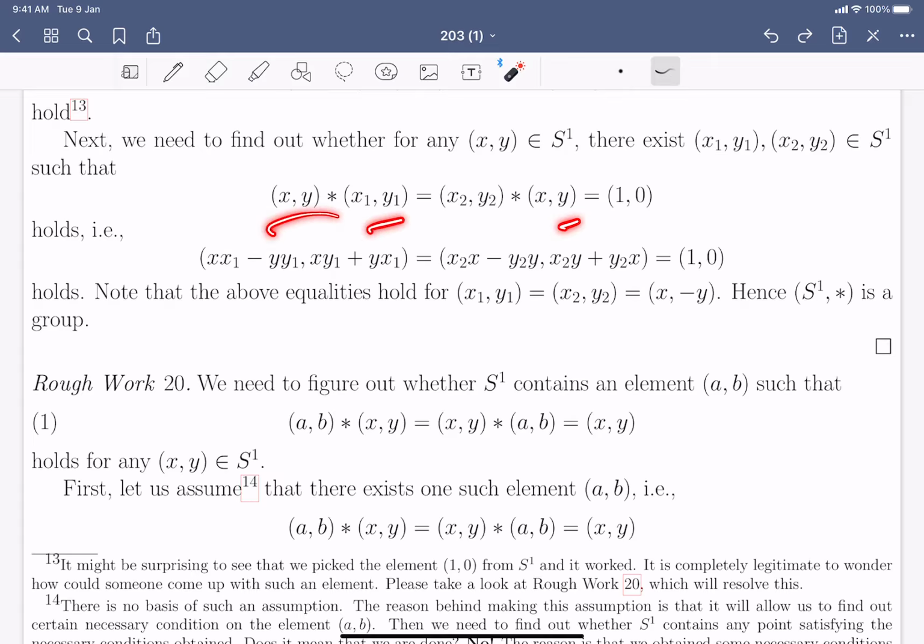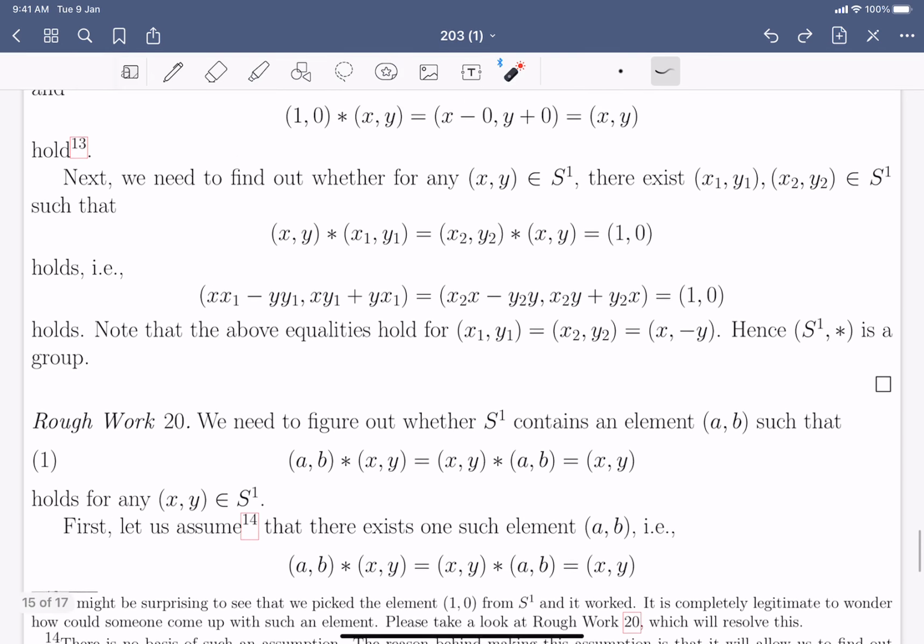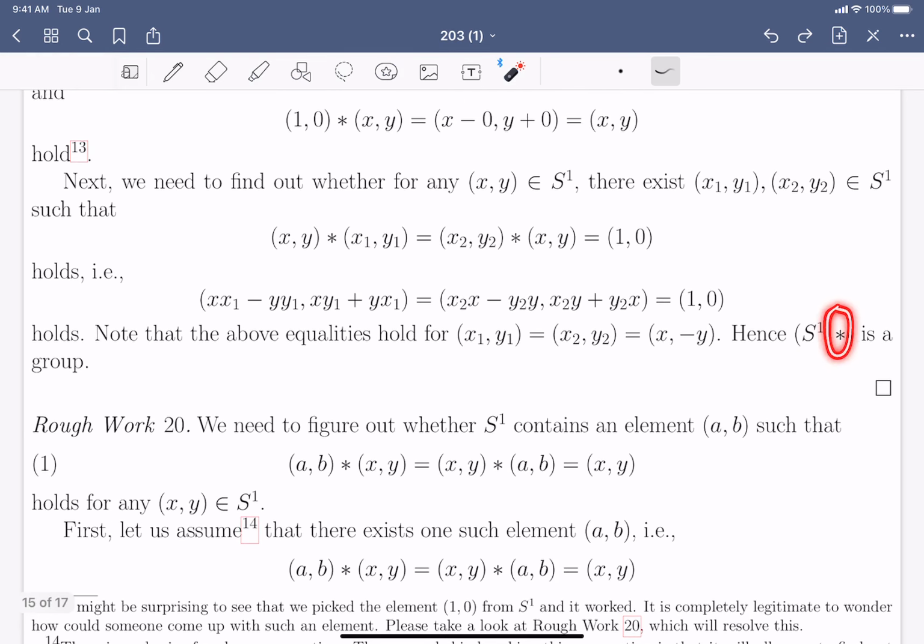This is an elementary computation. It will happen if you take (x1, y1) and (x2, y2) to be (x, -y); you can verify this computation. That proves that S1, along with the composition law that was given to us, forms a group.